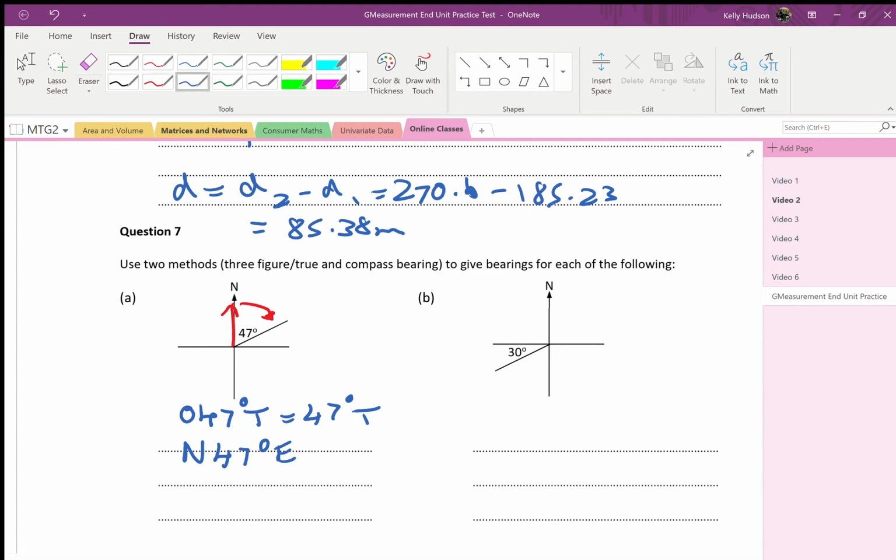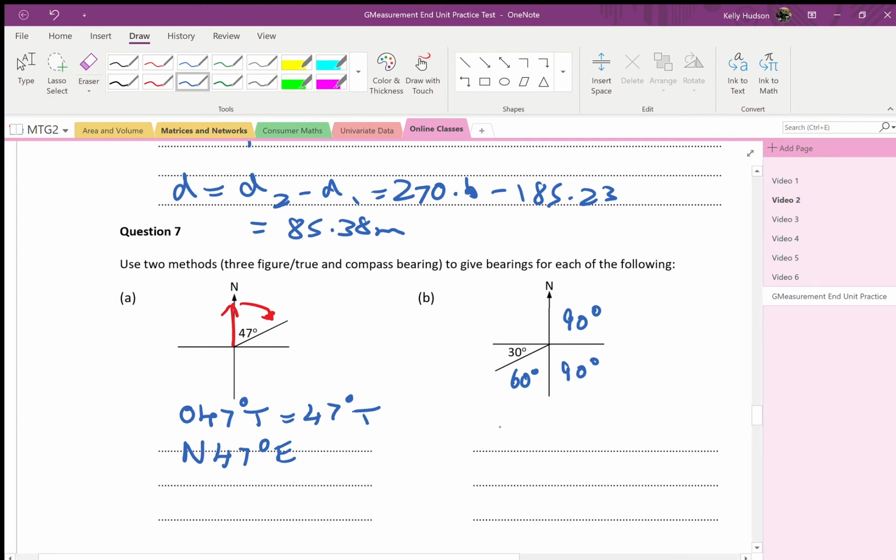For the next one, I've got 90 degrees and 90 degrees, okay, and this is 60 degrees because it's 90 minus 30. So my true bearing in this case will be equal to 90 plus 90, which is 180, plus 60, which is 240.